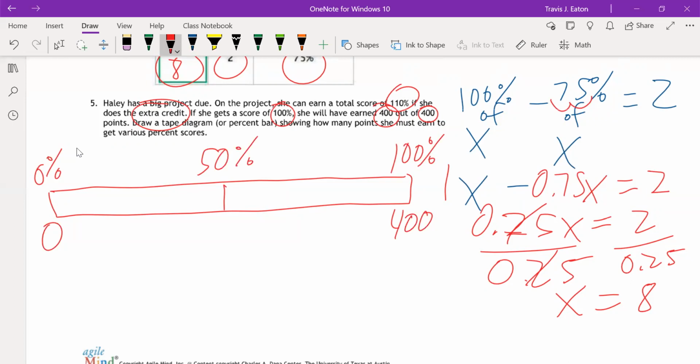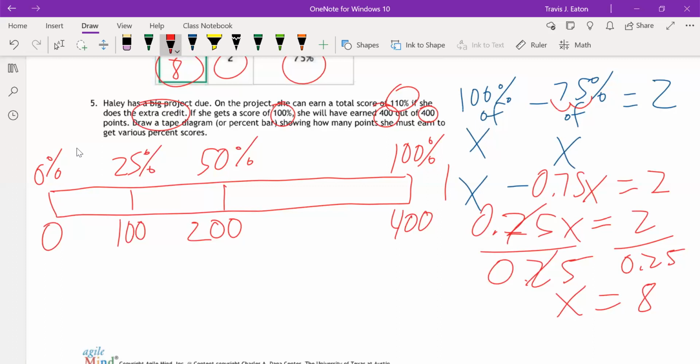And half of 400 is 200. Beautiful. Now, if we know 50%, we can certainly find 25%, because it's going to be half of 50%. So that's going to be 100 because half of 200 is 100.